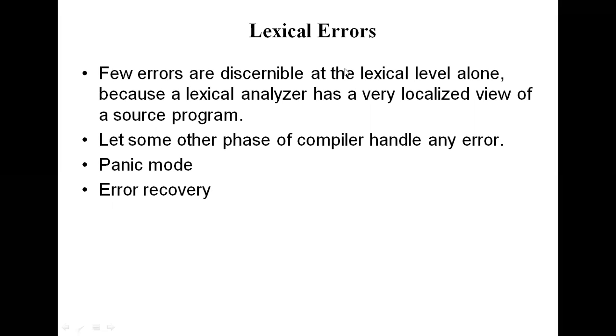Exceeding the length of the identifiers or numeric constants, spelling errors, incorrect tokens, mismatch errors. Mismatch in the sense that the token is of one type, but we are matching it with another type, so we get a mismatch token. So these are all considered lexical errors.